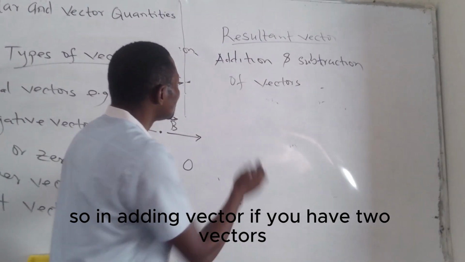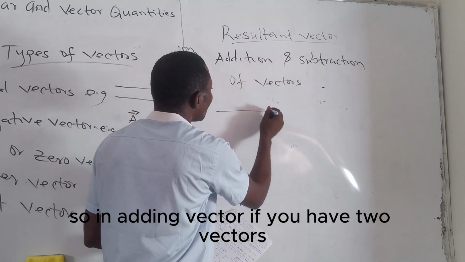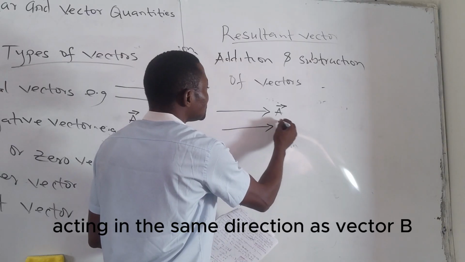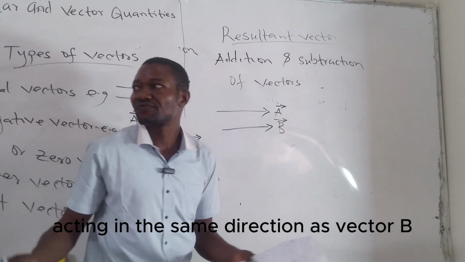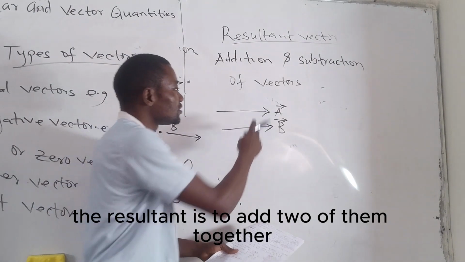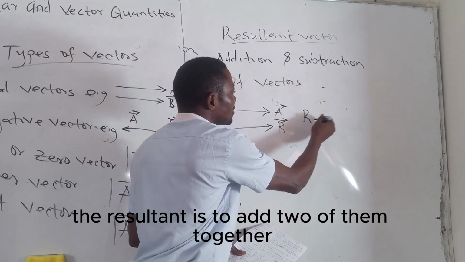So in adding vectors, if you have vector A acting in the same direction as vector B, all we need to do, the resultant, is to add the two of them together.